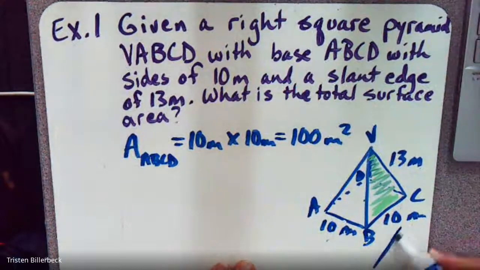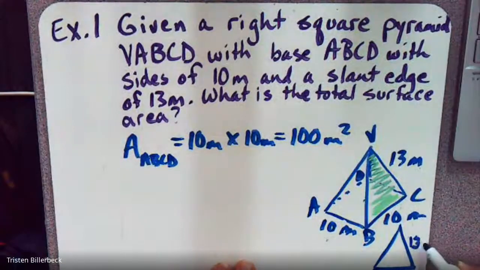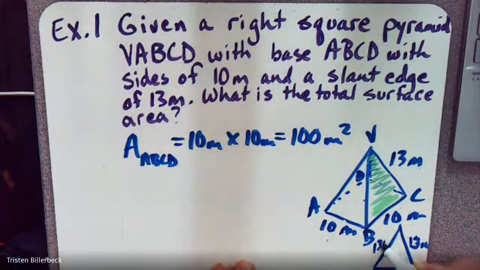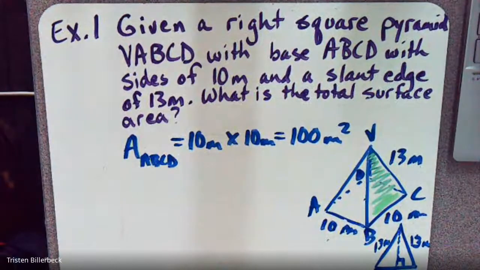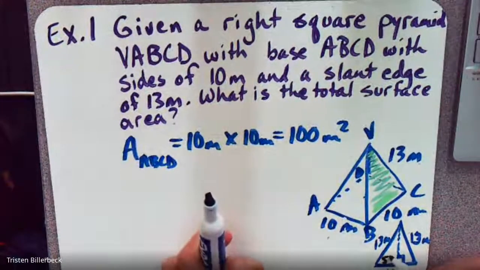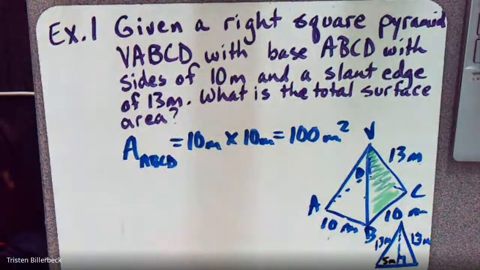So if I have the triangle that looks like this, and it's 13 here, 13 here, and 10 here, we know that it's an isosceles triangle, so the height hits right in the middle. So now we know that the base here is 5 meters.